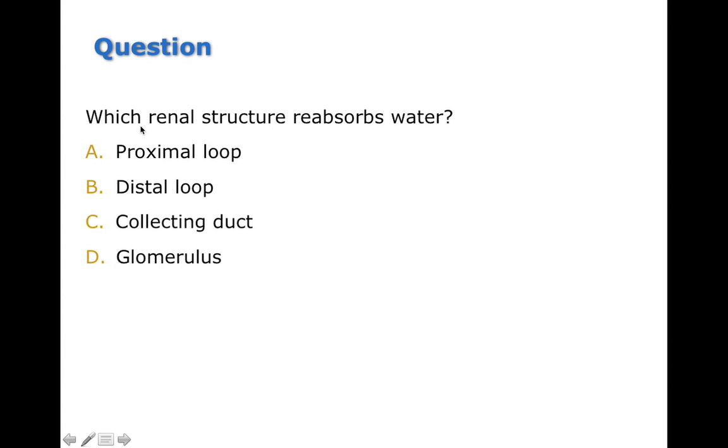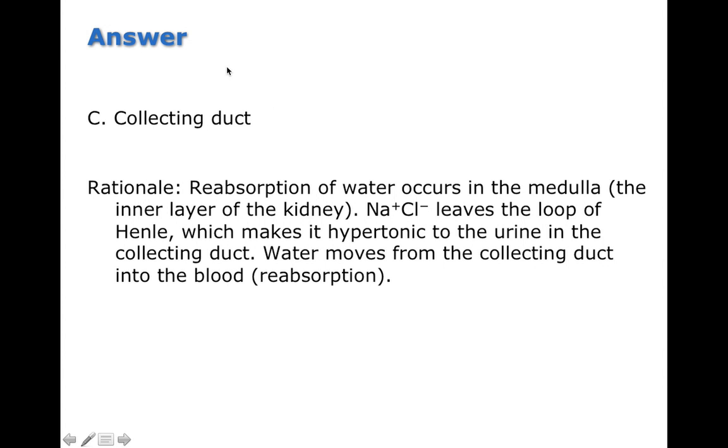So this question here says, which renal structure reabsorbs water? Is it the proximal loop, distal loop, the collecting duct, or the glomerulus? Well, most water, at least of those that are listed, gets reabsorbed by the collecting duct. Now, a lot of water gets reabsorbed by the descending limb of the nephron loop, but that wasn't listed.